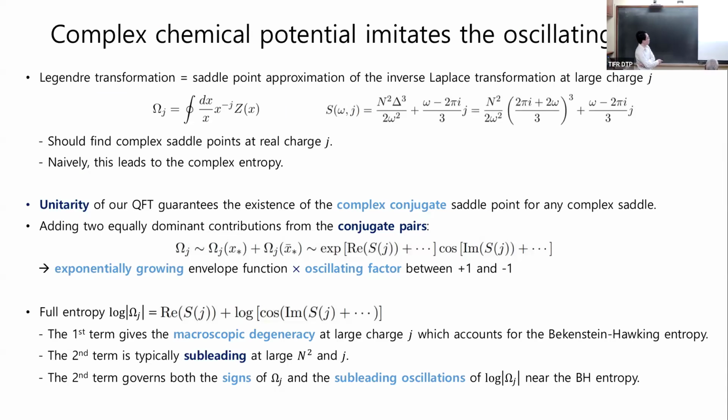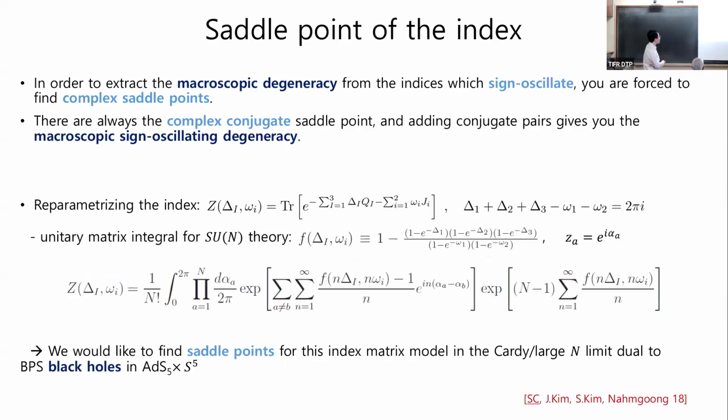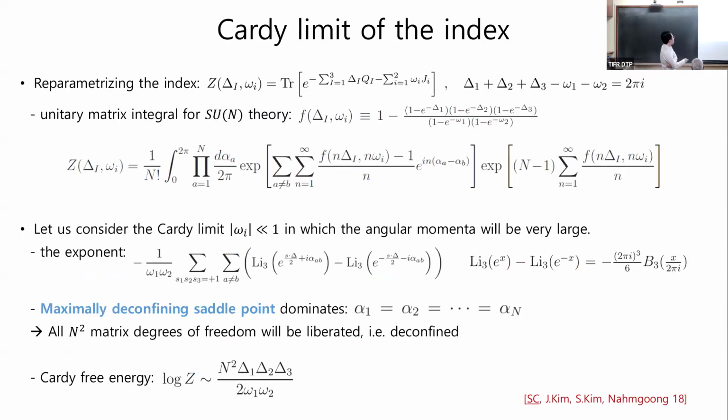The role of complex chemical potential is, as I said, making this simultaneous. And so you took this saddle point. But so far there's no assumption about X being complex here, right? We take the limit in which omega-1 and omega-2 go to 0.